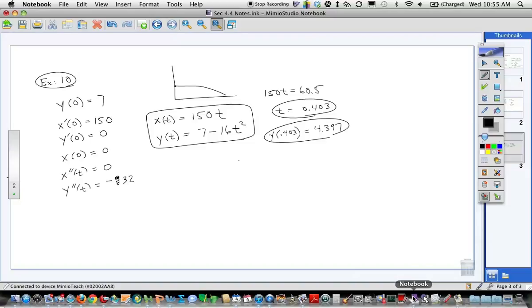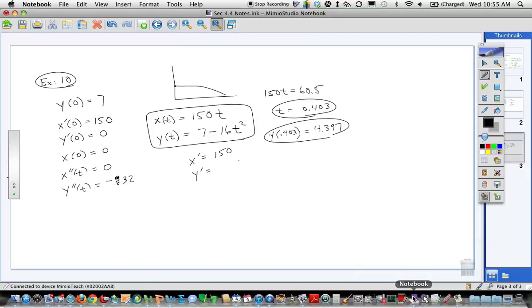And then it wanted to know the speed. So what do we need for the speed? We need x prime and y prime. We got to plug in this t value, and then we do the square root of all that added together. So what's x prime? We got it right here. X prime is 150.